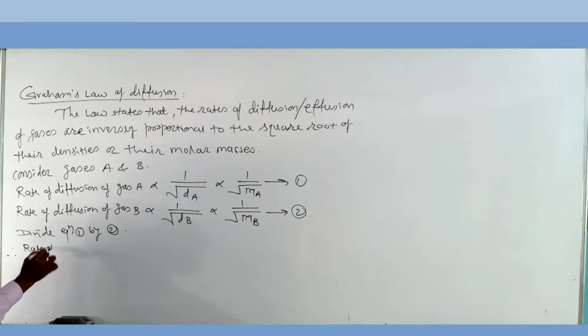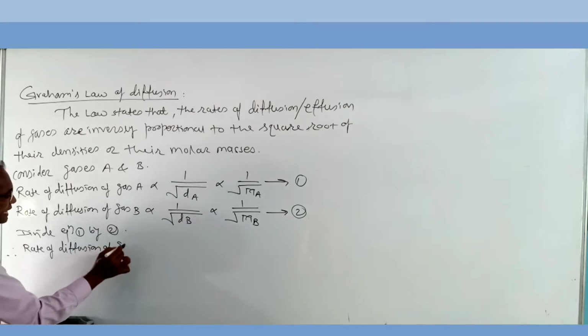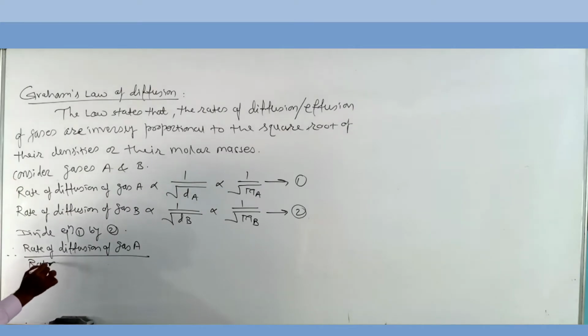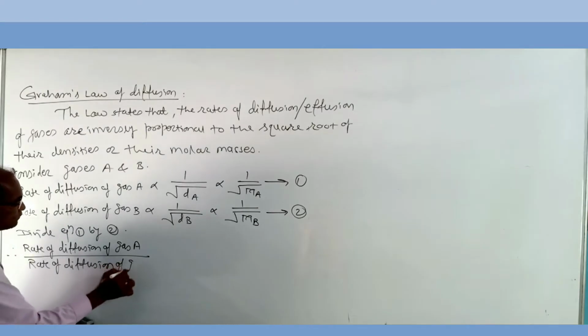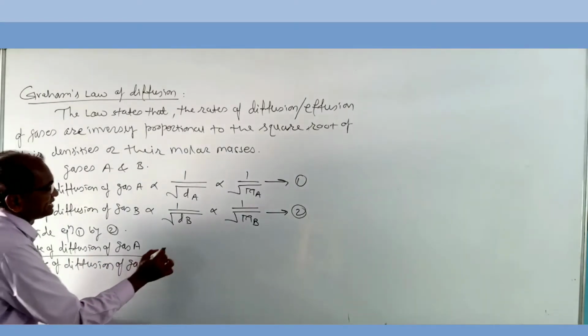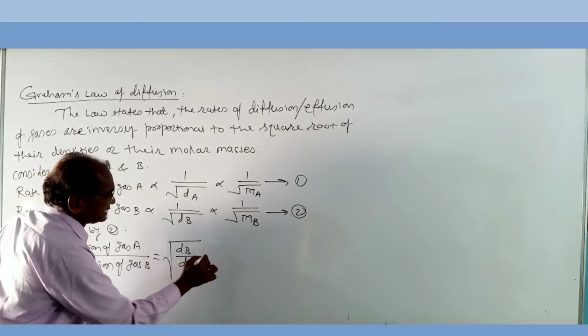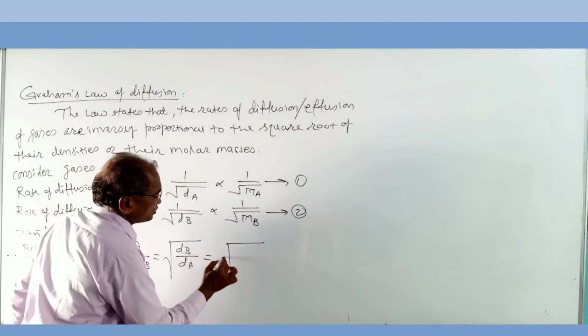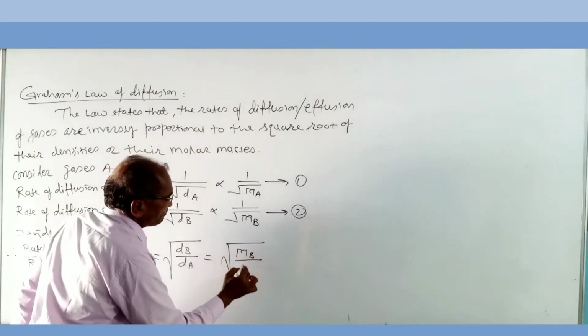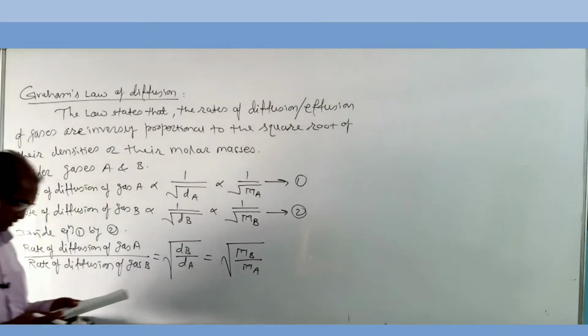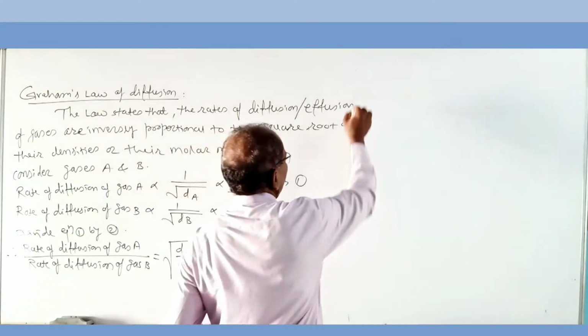Therefore, rate of diffusion of gas A divided by rate of diffusion of gas B is equal to square root of dB upon dA, or is equal to square root of mB upon mA.